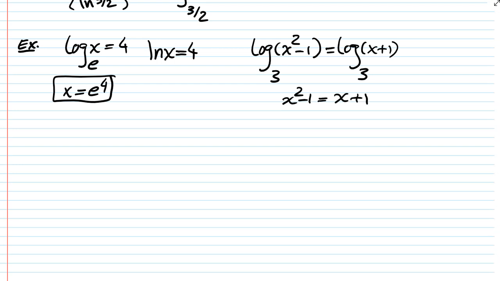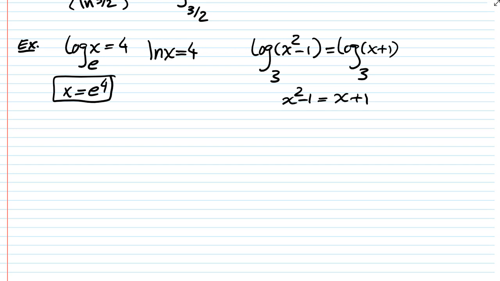So in a way, it is as if we cancel the logs. Now remember that canceling, quote unquote, of the logs, you can only do it when you have a single log and a single log here. If on one side you have two logs, you cannot cancel these logs. And we'll see an example of that in a moment.